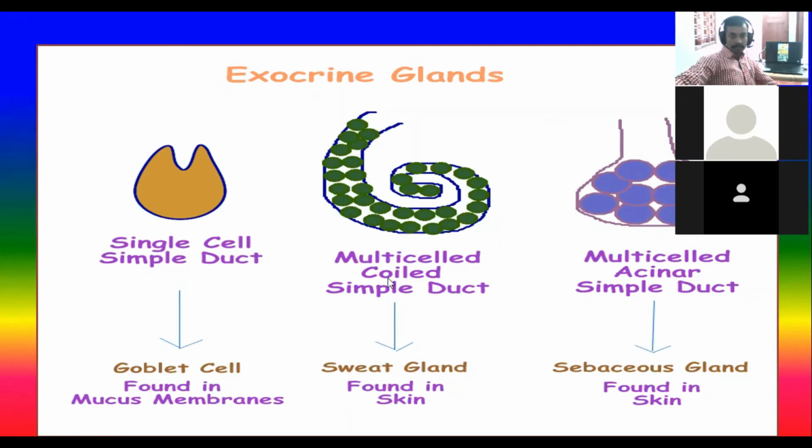Then next, multicellular duct, seen in sweat glands found in skin. Then multicellular acinar simple duct, which we can see in the sebaceous gland found in skin.